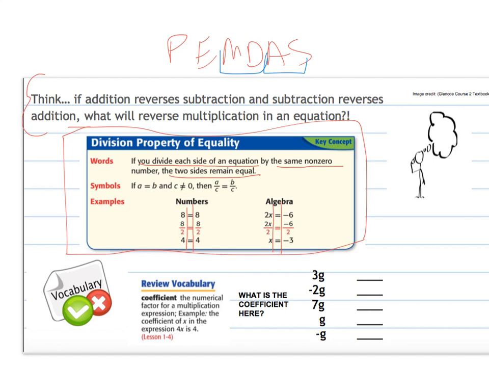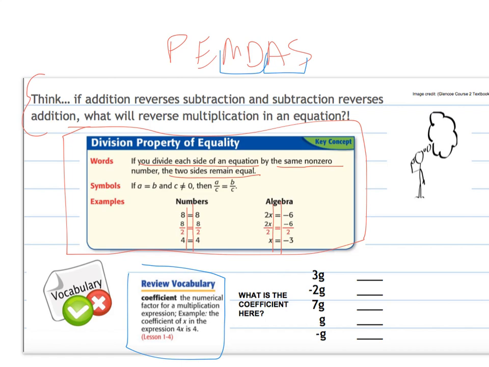Some vocabulary to review that we learned in our powers and order of operations unit is coefficient. A coefficient is the numerical factor in a multiplication expression. So when you have a number next to a variable for multiplication, the number in front of the variable is called its coefficient.